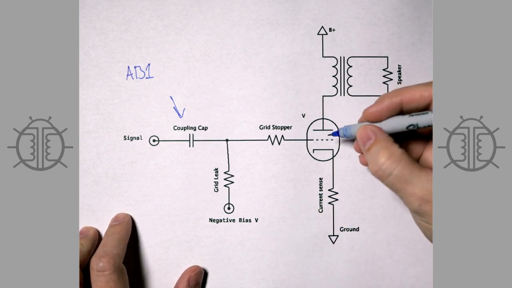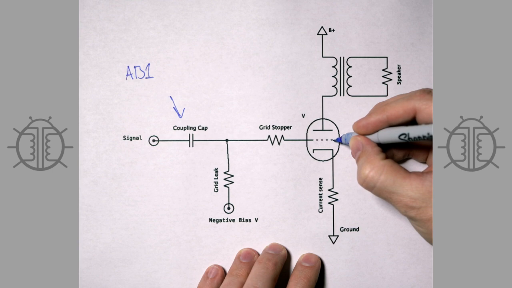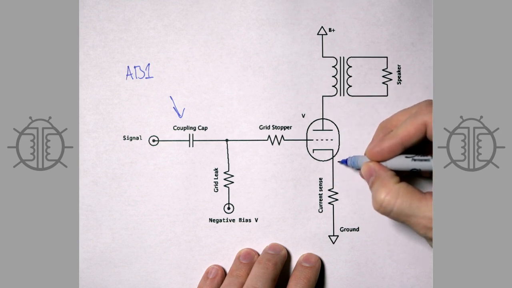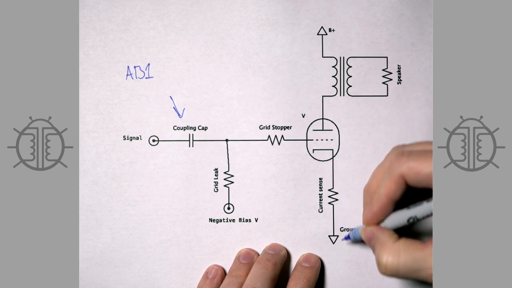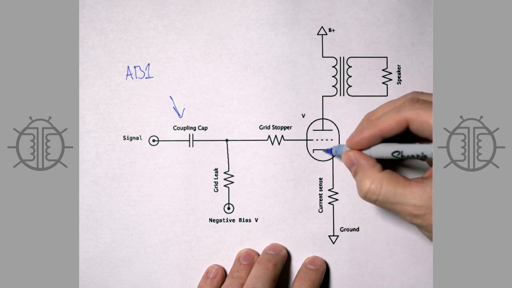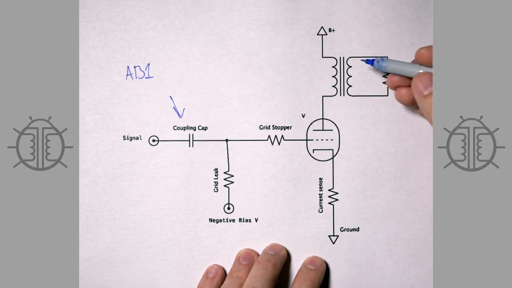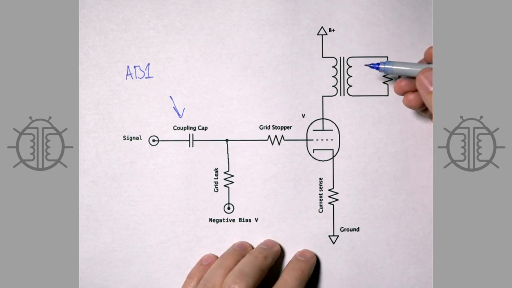And the negative bias is here to make the grid negative to prevent electrons from flowing from ground, which is 0 volts, through the cathode to the plate, which is some positive voltage. Positive voltage meaning a lack of electrons.